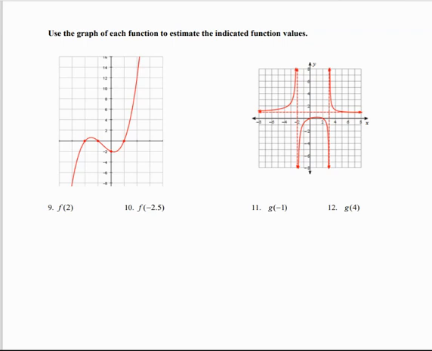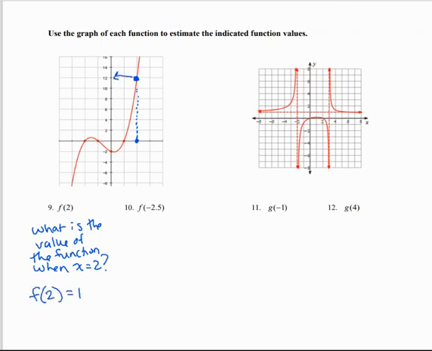F of 2 is saying, really, what is the value of the function when x equals 2. That's what it's saying. So we go to where x equals 2, 1, 2, right here, and I go up to where I meet my graph. And it looks like right here. So where is that value? It's at 12. So therefore, f of 2 equals 12.